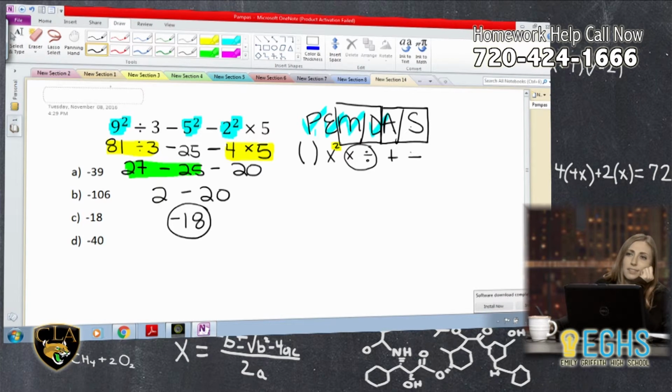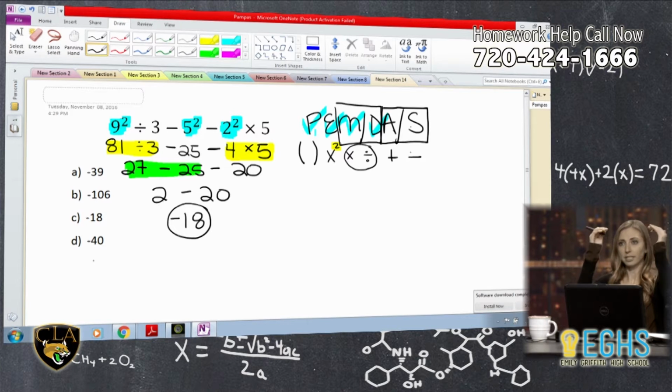One of the tips when it comes to this type of problem, as you saw me do, is either underlining the part that you're working on or highlighting the part you're working on. The other tip would be to show all of your steps row by row.